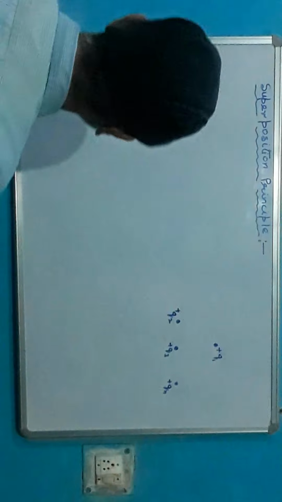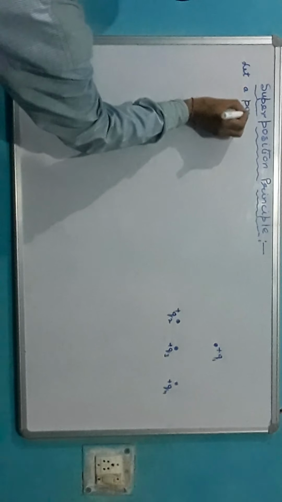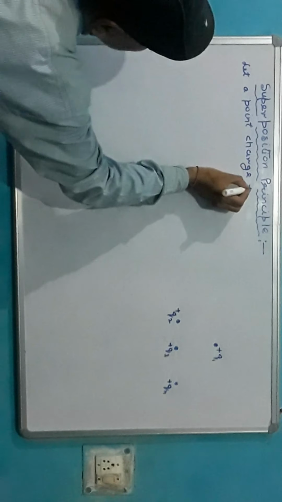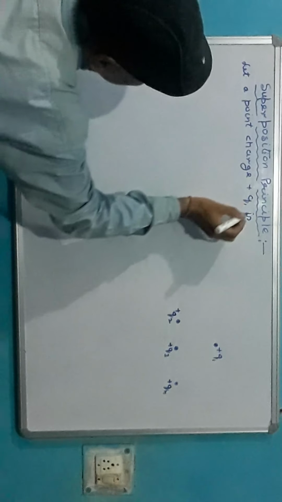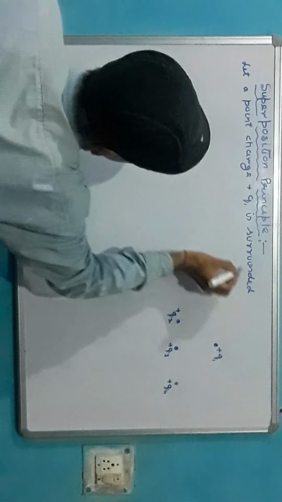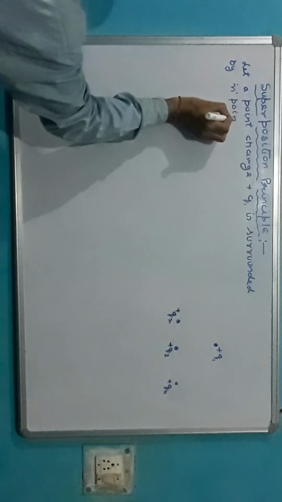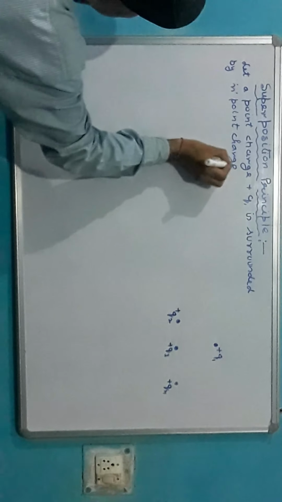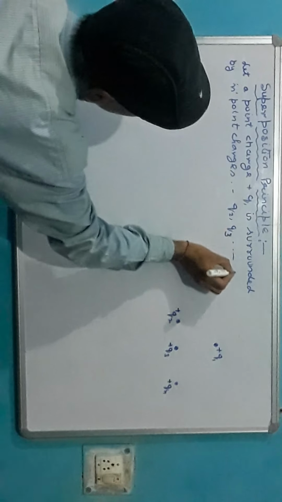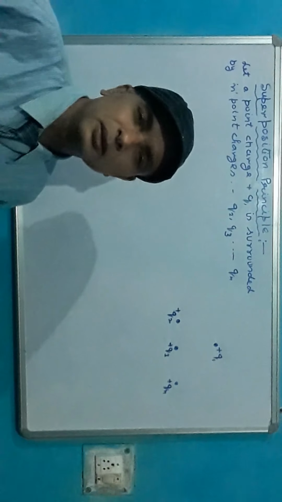So, a point charge plus q1 is surrounded by n point charges, q2, q3 and up to qn, and let all these charges be placed in vacuum or air.